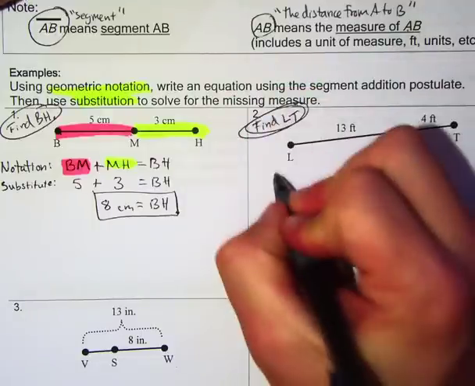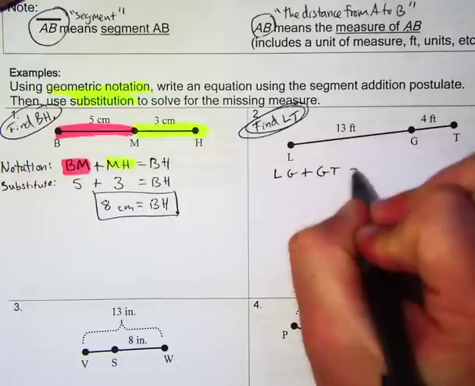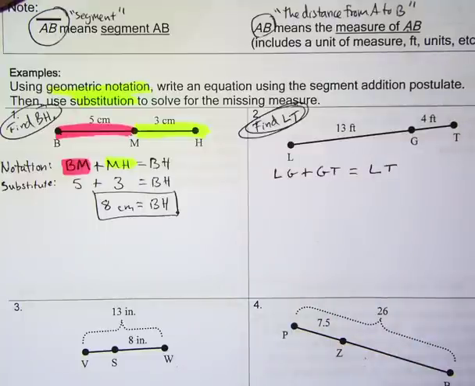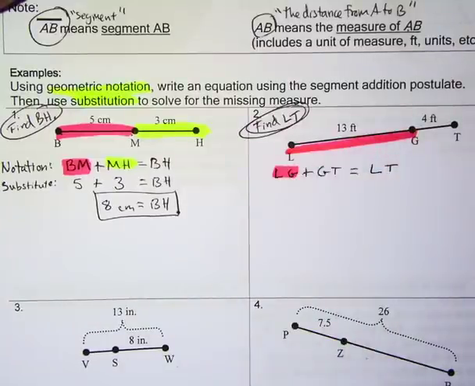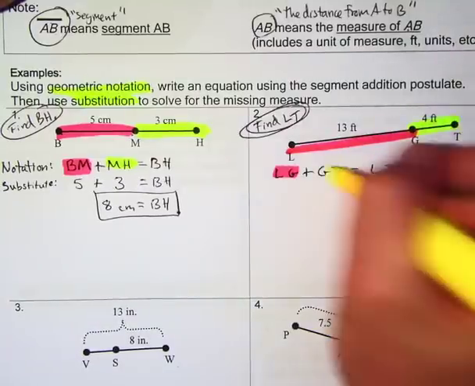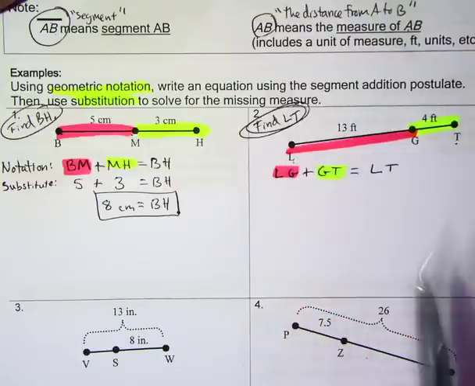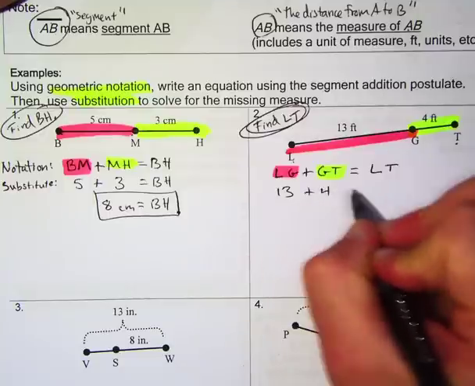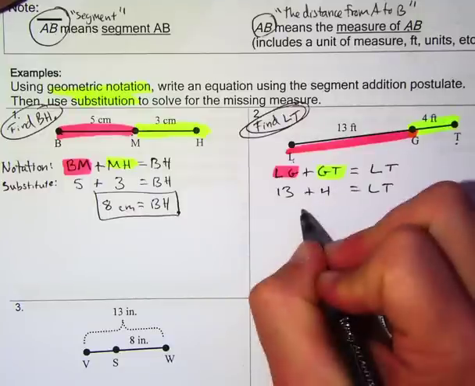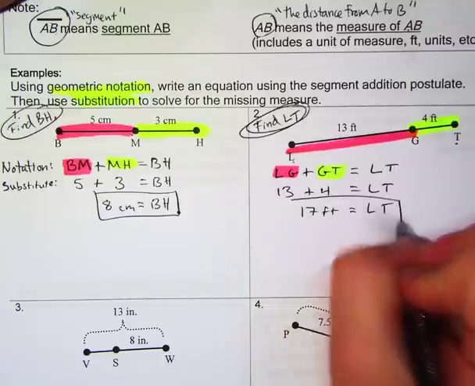If I go with the notation, the distance from L to G plus the distance from G to T is equal to the whole distance from L to T. This distance here plus this little distance here is equal to the full distance from L all the way to T. Let's go ahead and substitute 13 plus 4, and I should have 17 feet for the distance from L to T.